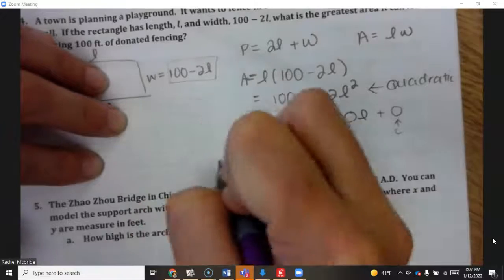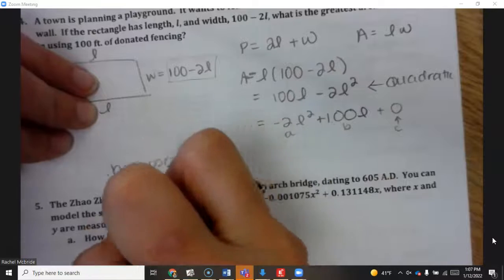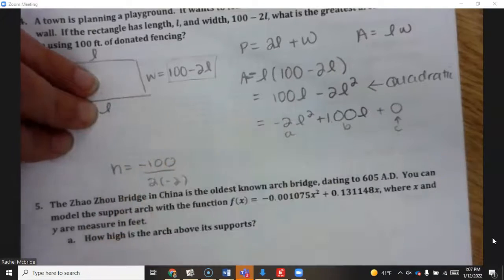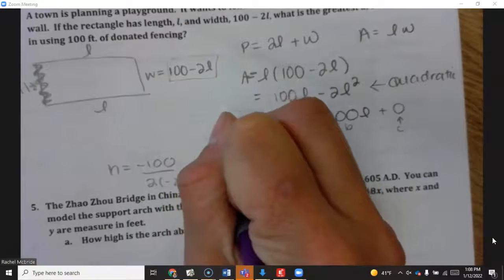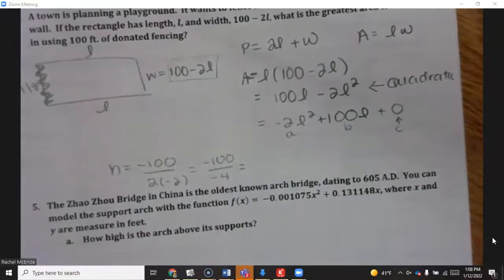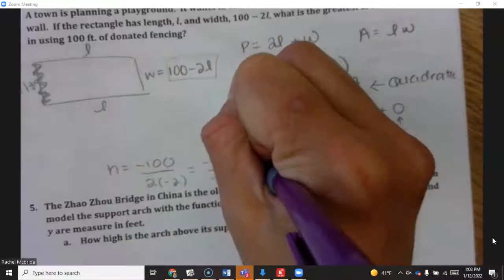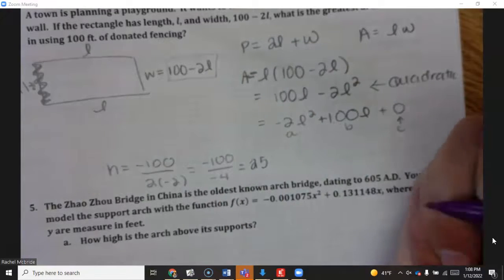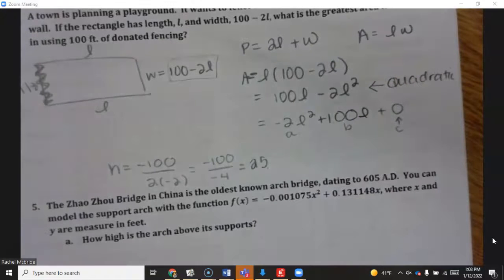So we're going to find the H value, which is -B divided by 2A. So -100 divided by -4 gives a positive 25. So what that means is that the length and width reach their maximum at a vertex point of 25.